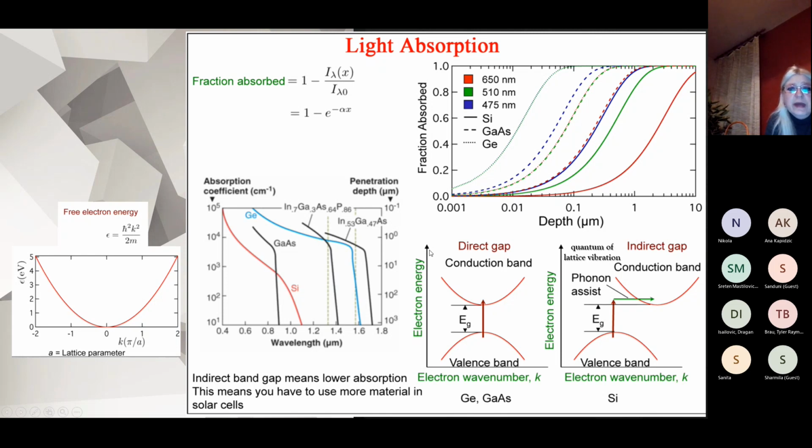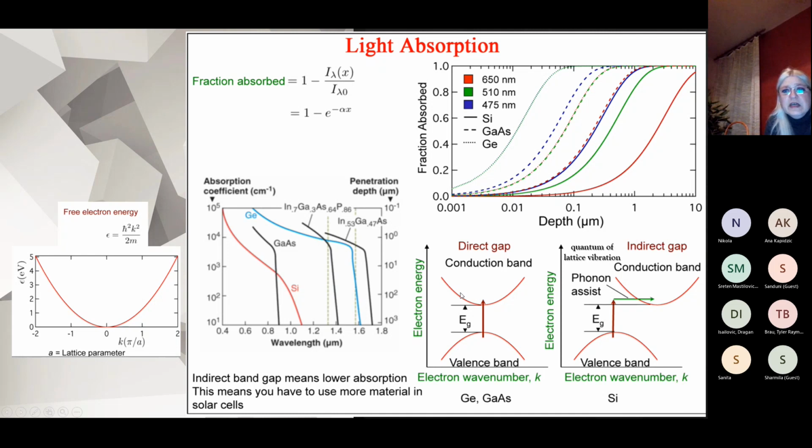So if we look at the dependency which we had in the first lecture, when we talked about free electron energy, if we look at what is happening with electron energy compared to the electron wave number, or momentum, which we call k, we see here that the free electron energy is proportional to the momentum squared.